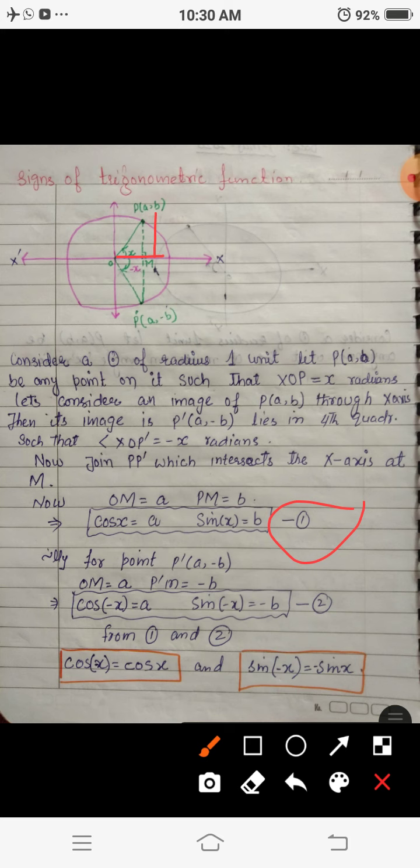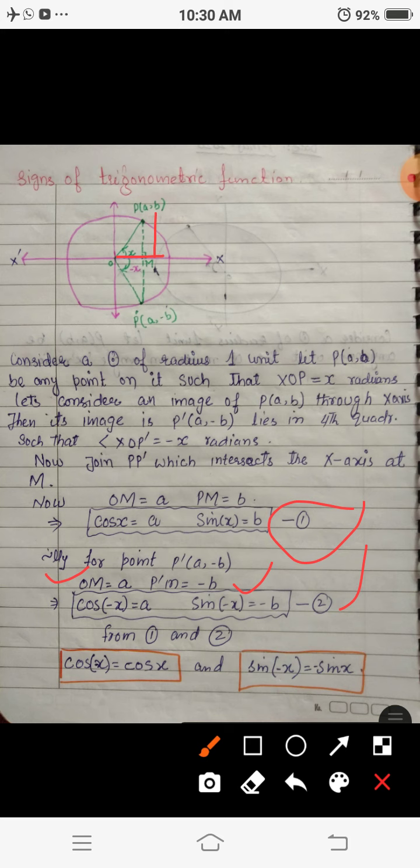Name it equation first. Similarly, for this point P'(a, -b), OM equals a and P'M equals -b, because P'M is simply the y coordinate, which is -b. Name it second.